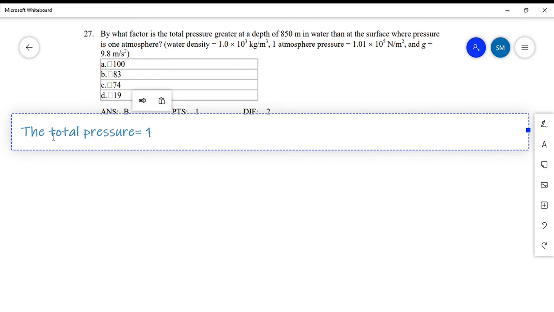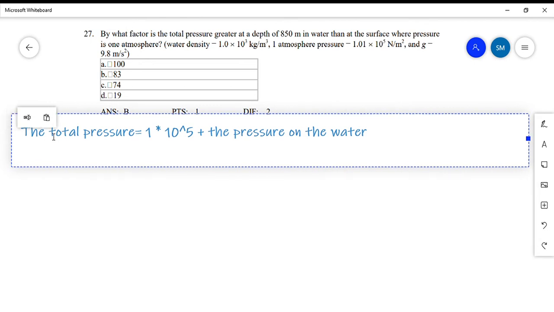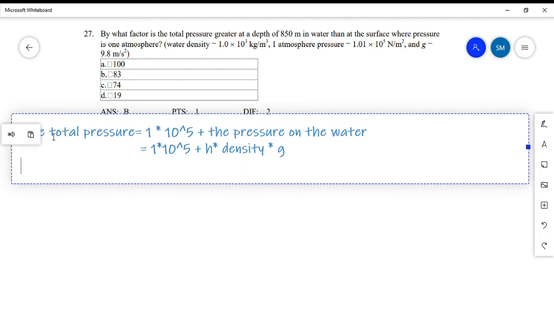The atmospheric pressure we all know, 1 times 10 power 5, plus the pressure of the water, which is h times the density times the gravity, 9.8. So 1 times 10 power 5 plus, he says in the question, the height is 850 times the density of water.